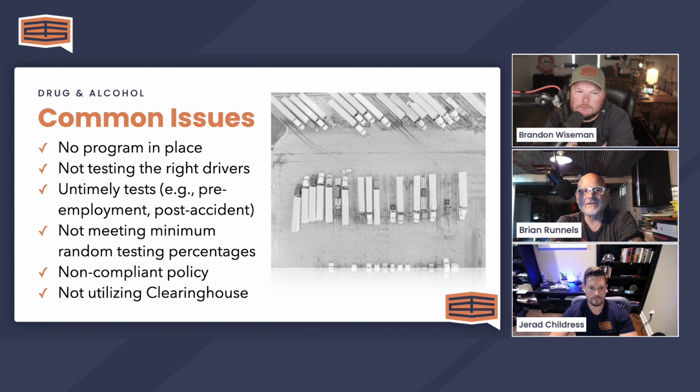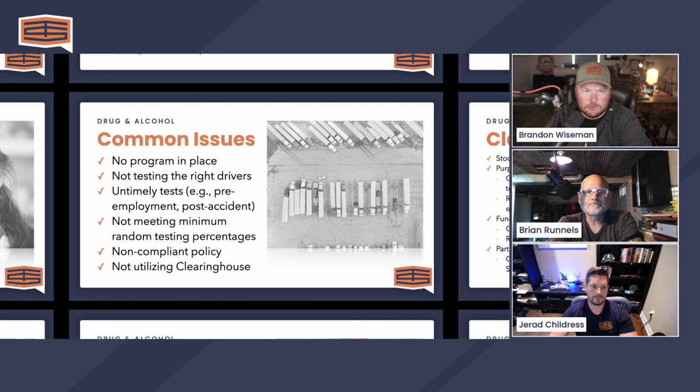So if you're wanting to run the Clearinghouse limited queries twice a year, you can do that, as long as you have it stated in the release that the driver signed that you will be doing that. Yep. With that, we'll turn it over to Jared to talk about Clearinghouse more specifically.